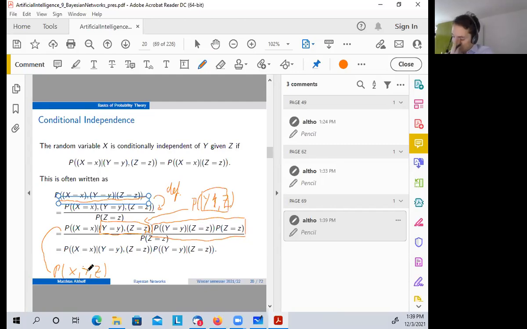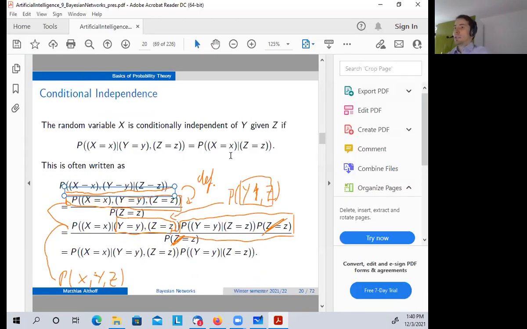Okay, so that's basically what you had here, the joint probability. And then what happens is that this probability and this probability cancel, and then you get this final result here.